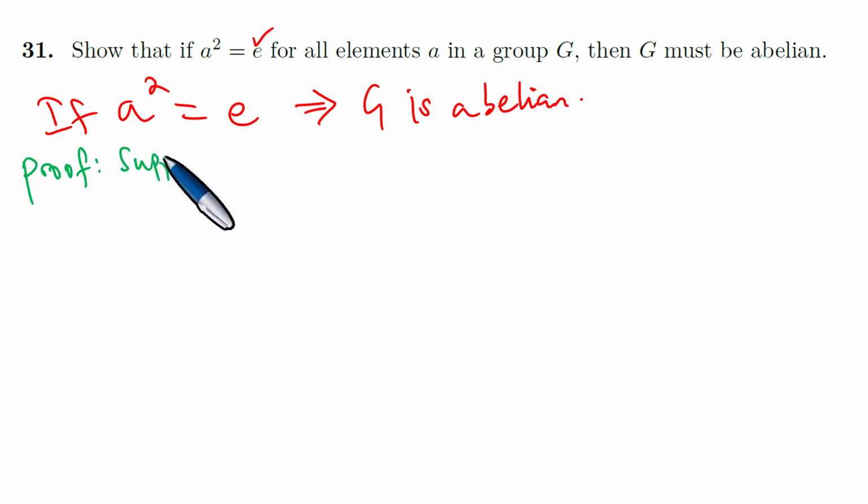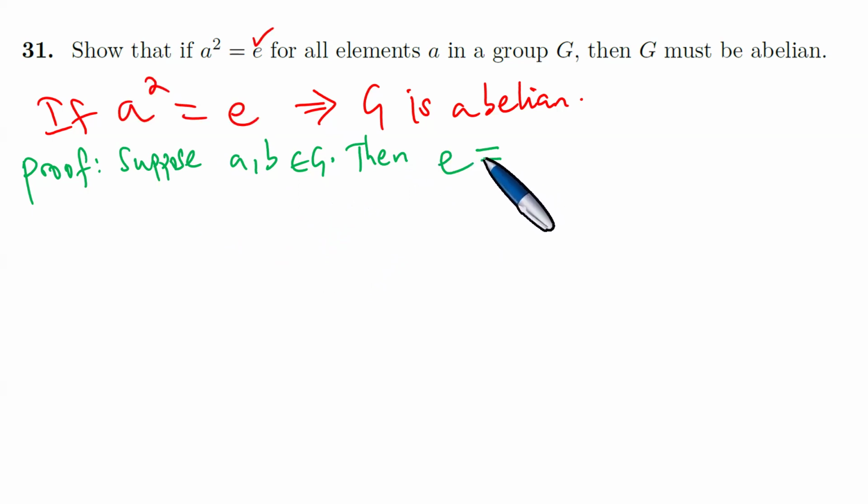Suppose A, B in G. So you take two elements in G. Then we can see that the identity can be seen as AB, AB.